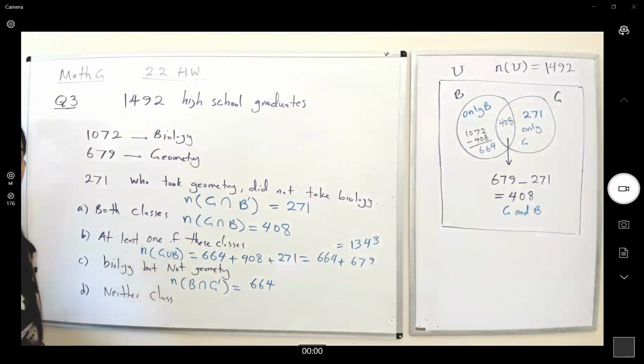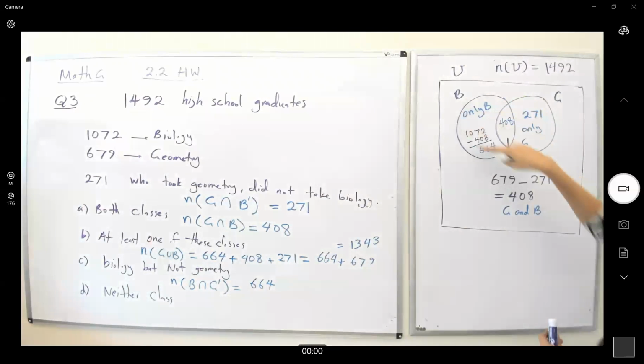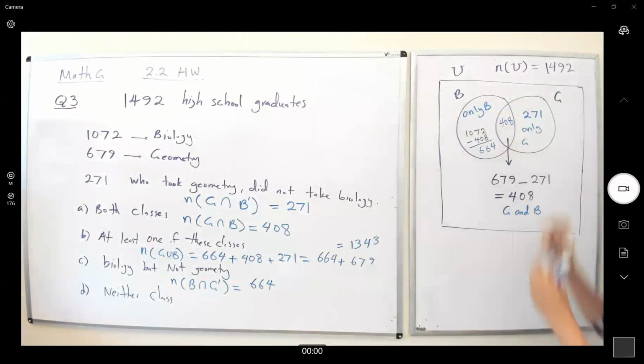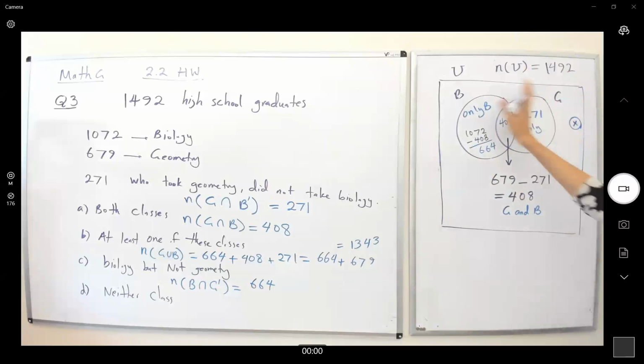And finally, neither class. It means that that person is not part of these sets here. That person is going to be here in this universal set and is not part of these two sets.